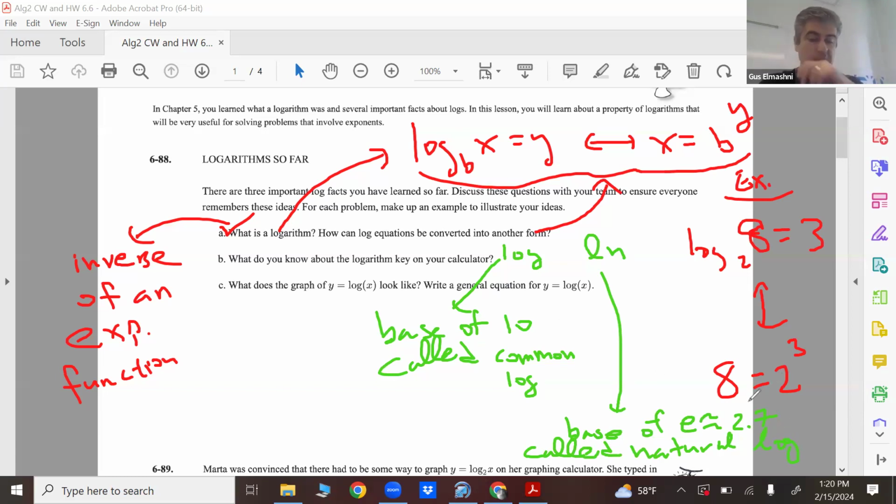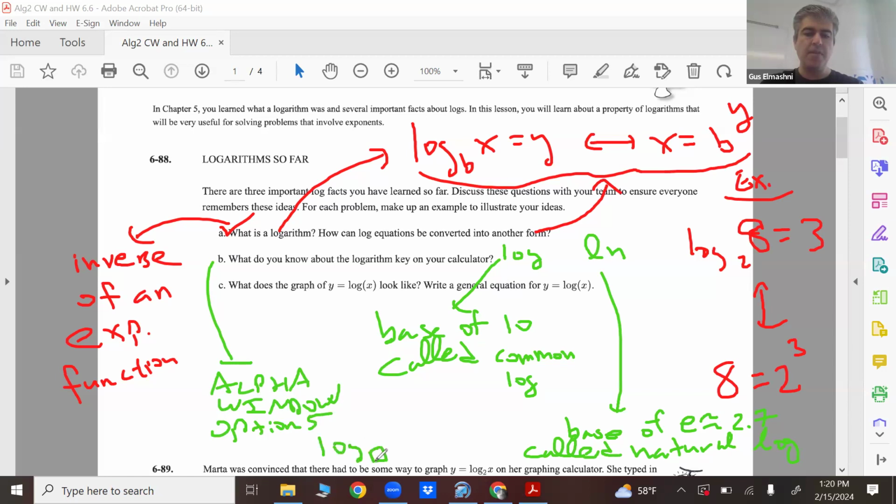And also, if you hit alpha, window, option 5, it kind of looks like this, where you could choose any base.